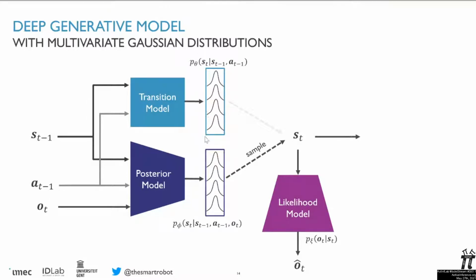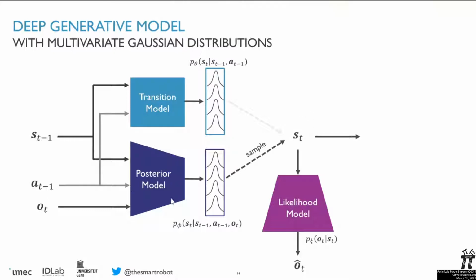In this case, this distribution is modeled as a multivariate Gaussian distribution. So the output of the neural net will be the means and the standard deviations of a Gaussian. And then we use this distribution to generate samples for the next time step.